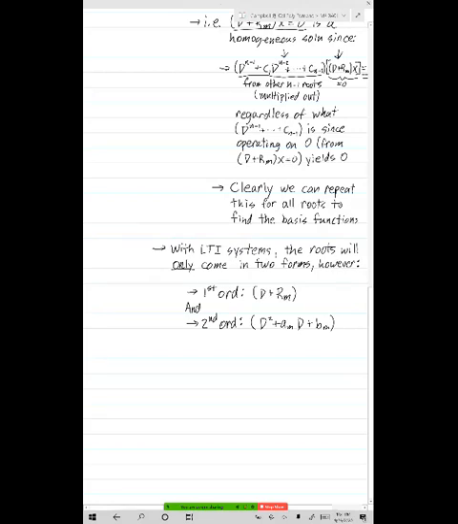And so you can see why we can now talk about higher order systems, because we had to first figure out what was going on with first order systems and then second order systems, because we can now see that these higher order systems can be broken down into nothing but these first order roots and second order roots that were originally associated with first order systems and second order systems.